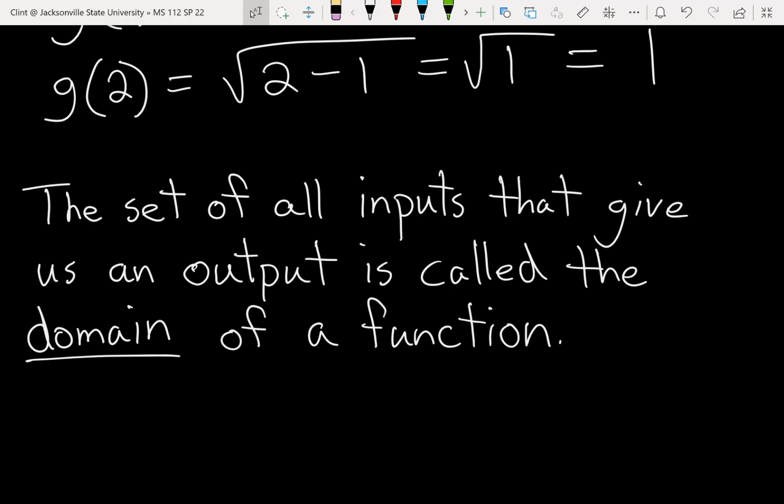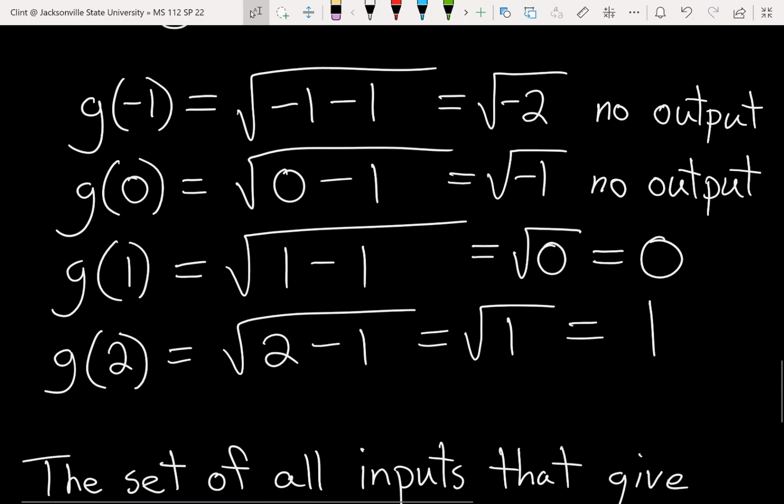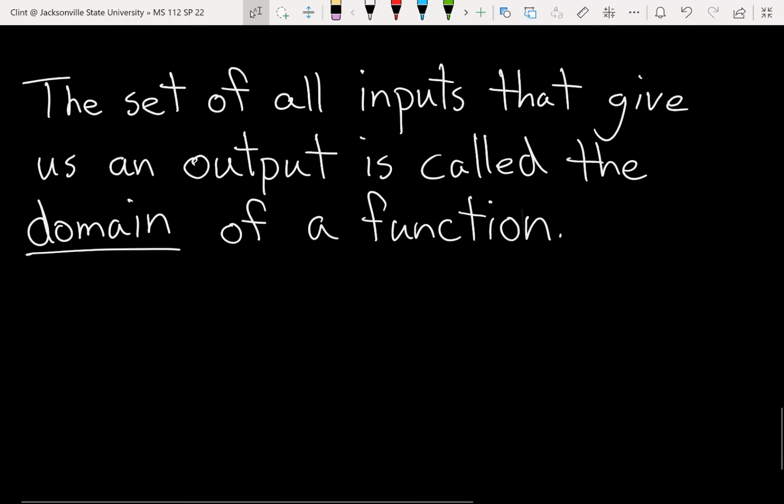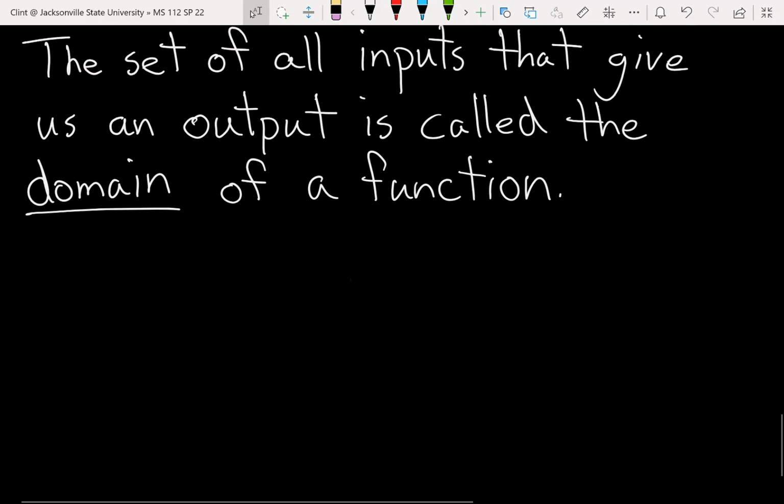And then one that's a little trickier to think about, another set that we're concerned with. Over here on the other side, the outputs that we can get, we want to think about all the possible values we could get out of our function. So we've got a name for that one too.